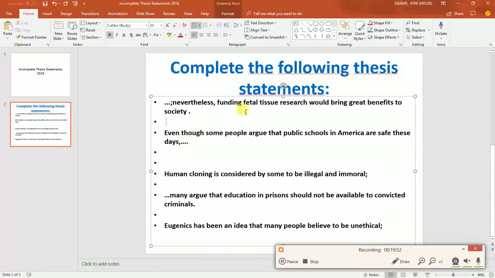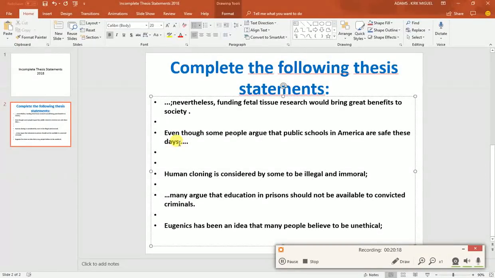Okay, so we go to the second one. And so this is the first half of the argument. This is not what the author's going to promote. And if you read it, you see that the writer suggests that some people believe that public schools in America are safe these days.